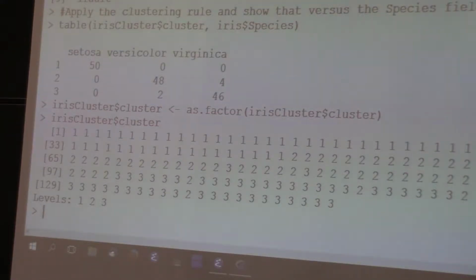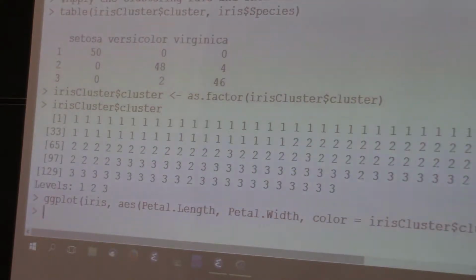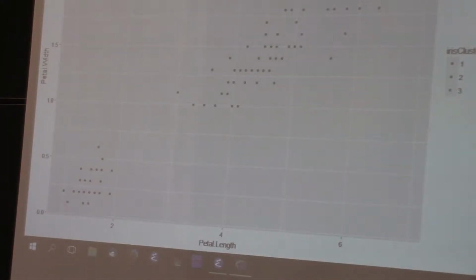Okay, and now we're going to do a visualization of the cluster that we derived. So we're doing a ggplot, and it should show up in another window. Okay. So here we see that before we were using the species to do our labeling of each flower.